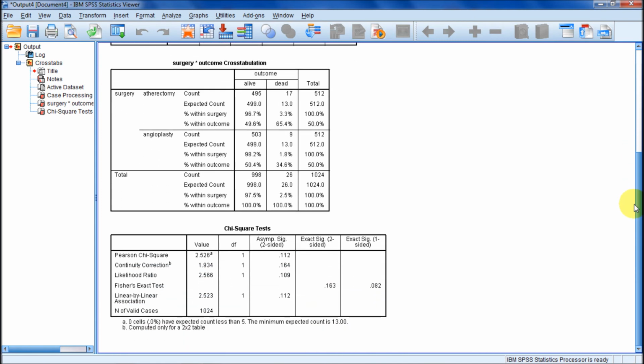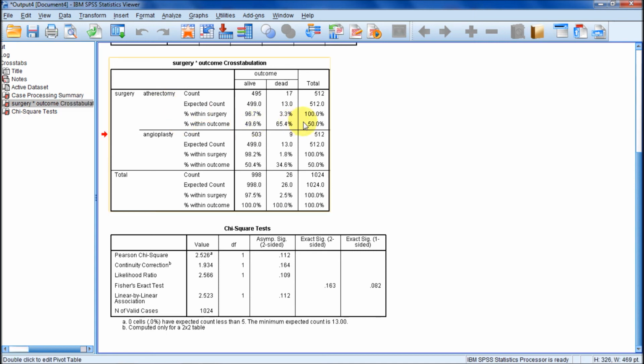So this is our chi-square, and here's what's happening. Let's just interpret what's happening here. This atherectomy, we've got 3.3% of the sample who died, that's the 17, and 96.7% who are still alive. So is atherectomy a safe procedure just descriptively?